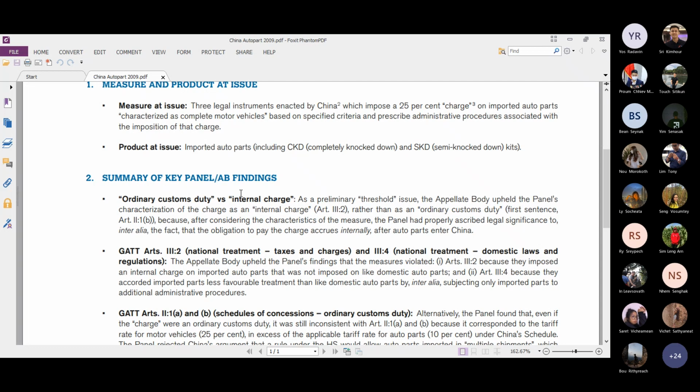And a financial charge can also be imposed in the form of an administrative procedure charge. For example, if you want to undergo screening or testing of your product in Cambodia, you need to pay $20 per kilogram of gold, for example. So it depends on the requirement by the law, by the government, or the administrative or statistical procedure.